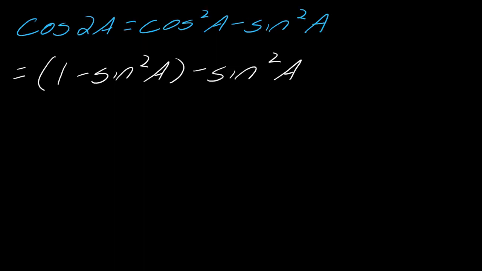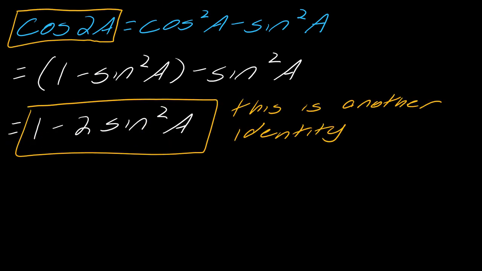Okay, so now if I apply that to what I'm looking at here, this cosine squared a minus sine squared a now becomes 1 minus sine squared a minus sine squared a. So if I collect my terms, this leaves me with 1 minus 2 sine squared a, and this is another identity. So cosine of 2a also equals 1 minus 2 sine squared a.